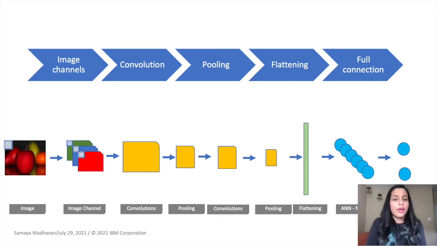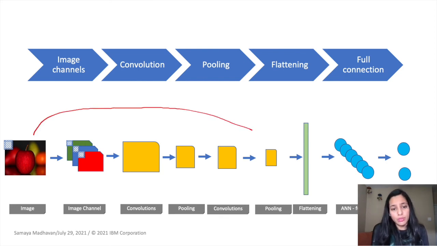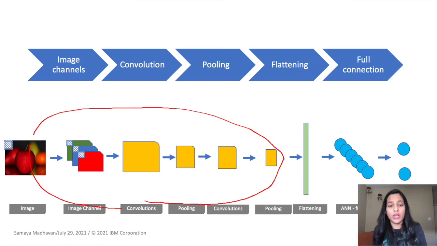So in here, what's essential for us to know is that there are several steps that go into understanding how a CNN works. Maybe I'm going to start from the right end. So what you see is there's a lot of things that happen within the scope of what a CNN would do. But essentially, what you're trying to do is a lot of pre-processing to your image to make it compatible with your ANN, which is your artificial neural network.